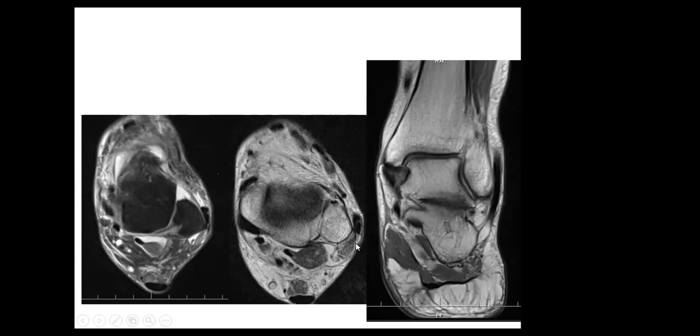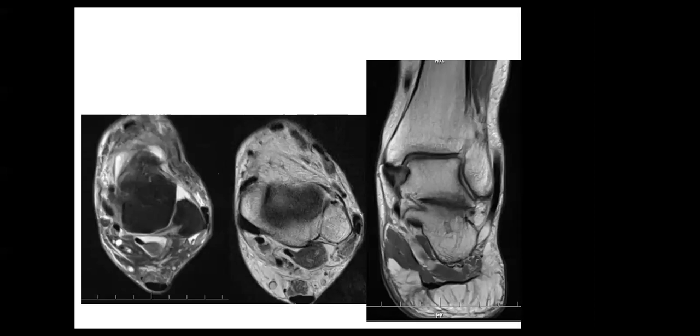So all in all, you would say lateral peroneal tendon dislocation with rupture of the peroneal retinaculum. Appearances are concerning for peroneal tendon dislocation and snapping due to peroneal retinaculum rupture.